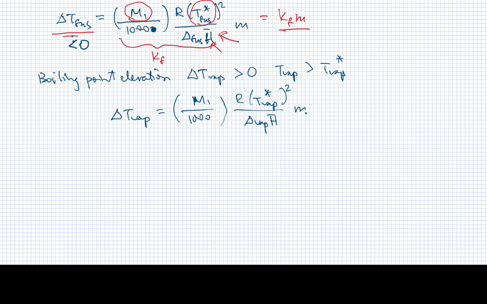Sometimes this is also written this way in general chemistry books. All right, so this here is what defines the boiling point elevation constant for a given substance. Okay, it is a quality of the solvent and independent of the identity of the solute.